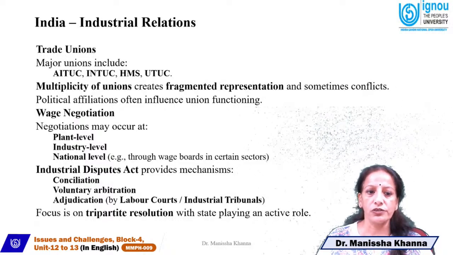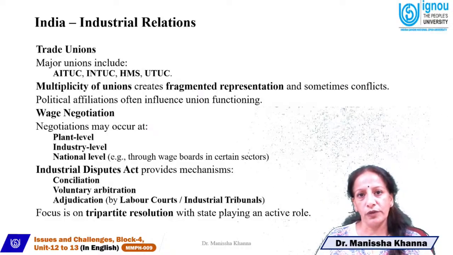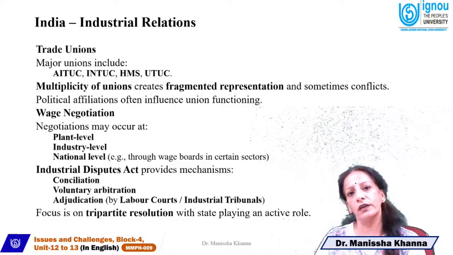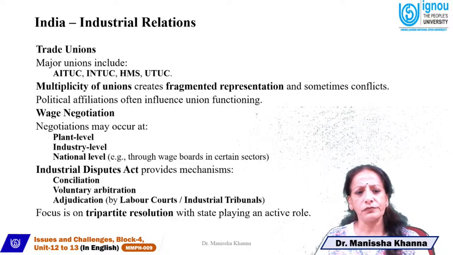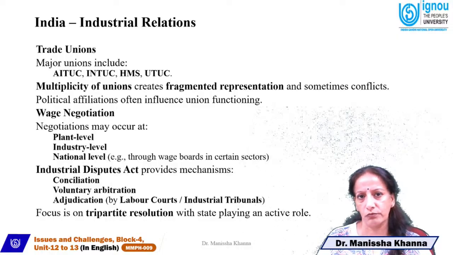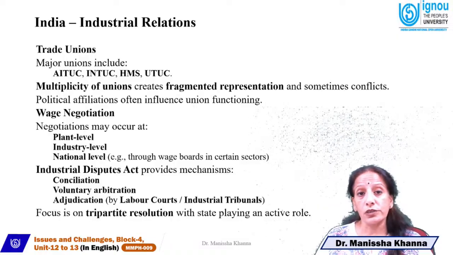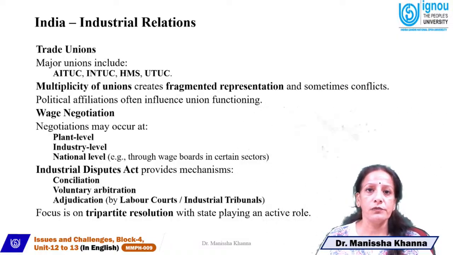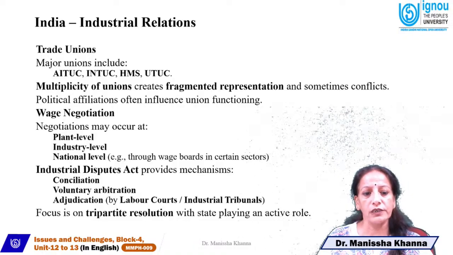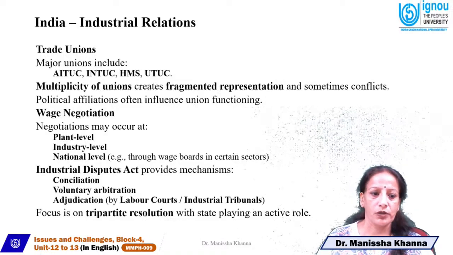Wage negotiations mainly occur at plant level, or maybe industry level, or at national level in case the company is that big. If it is a small company, it may occur at plant level only. The Industrial Disputes Act provides a mechanism for conciliation, voluntary arbitration and adjudication by the labor courts and tribunals.